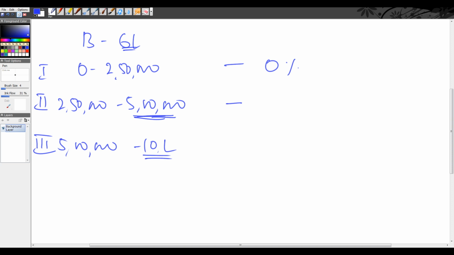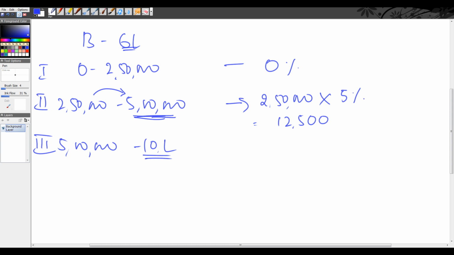Therefore, we'll have to deduct 2,50,000, the lower limit, from the upper limit 5 lakhs. What is left is 2,50,000 itself. On this, she is supposed to pay tax of 5% because that is the rate for that particular slab. So this comes to 12,500.